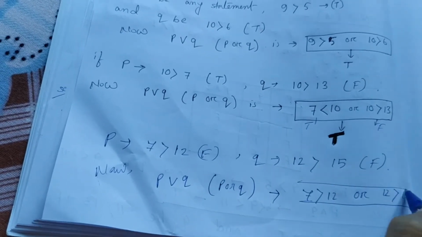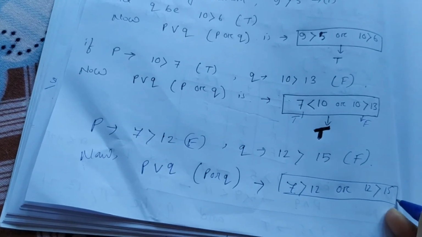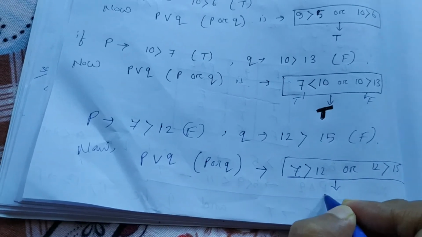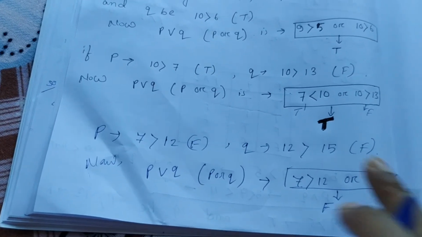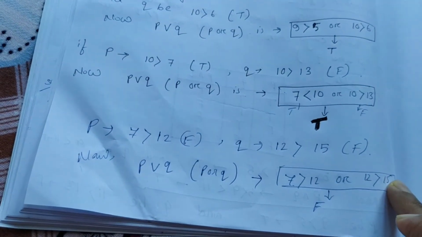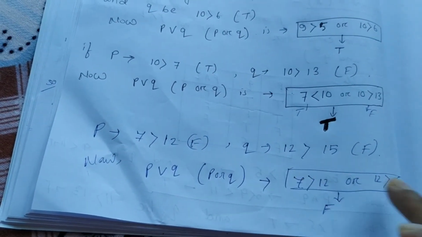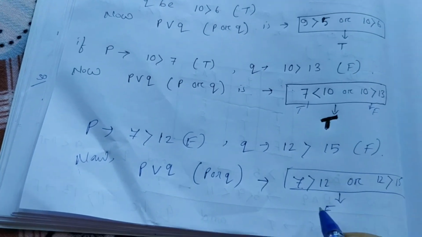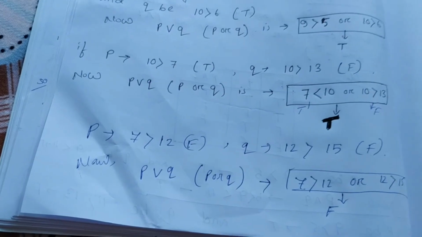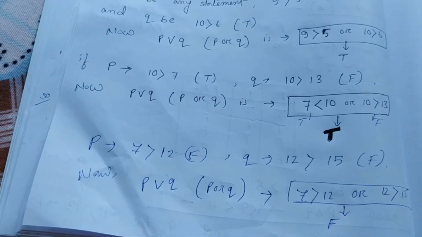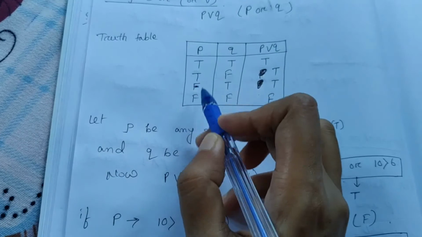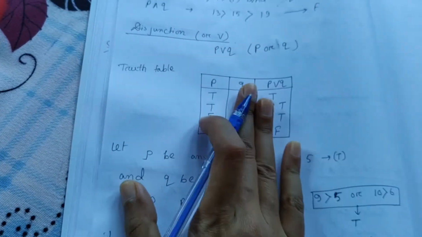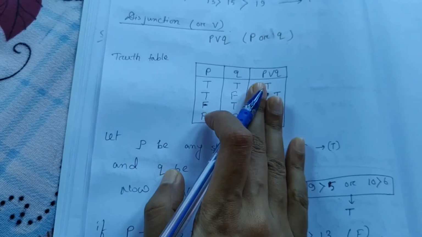Both are false. So if both are false statements, I have the only option to take, that is false. There is no true statement, so you will have to take the false statement. So that means if P is false, Q is false, P or Q is again false.